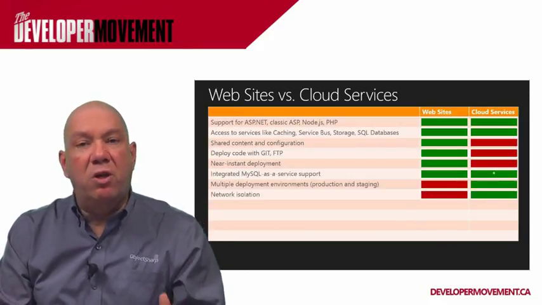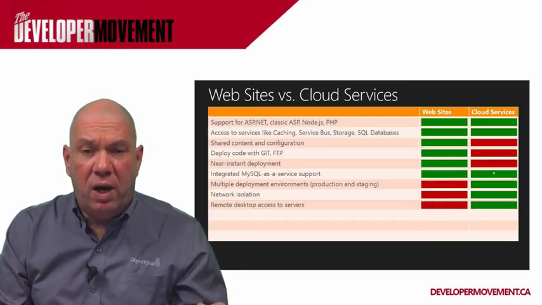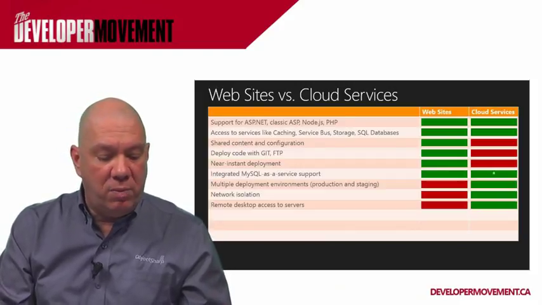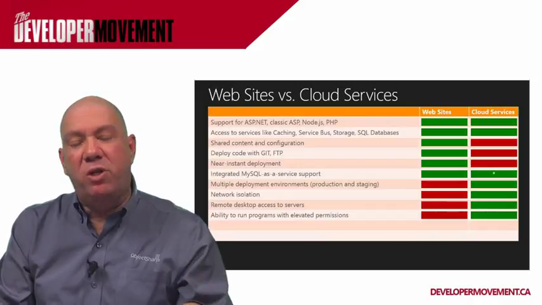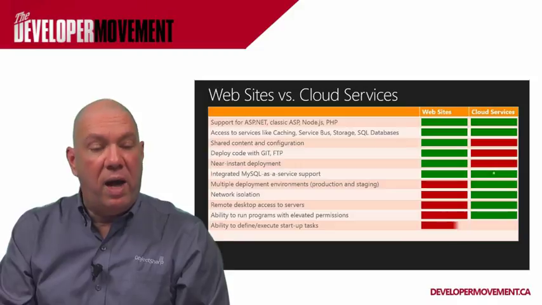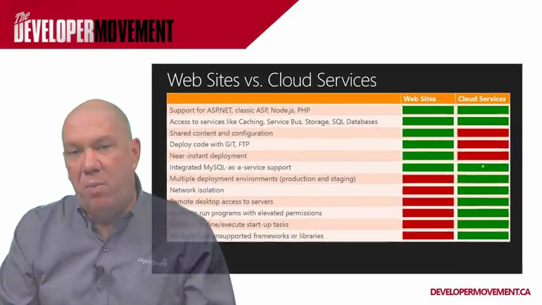Network isolation. Cloud services are isolated at a network level. Access to the servers under the covers in terms of being able to touch on the machines that are running. The ability to run programs with elevated permissions. These are things that cloud services do bring to the table that websites don't have, along with startup tasks and the ability to use an unsupported framework or library.